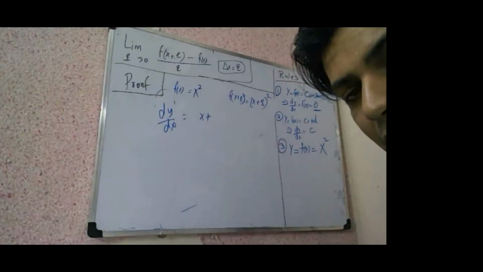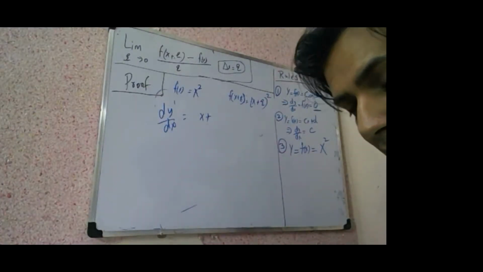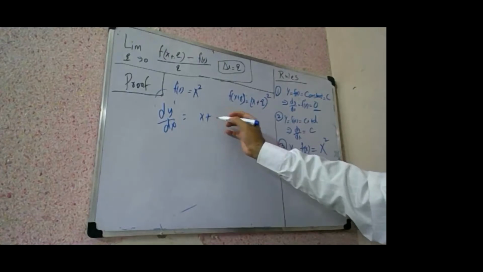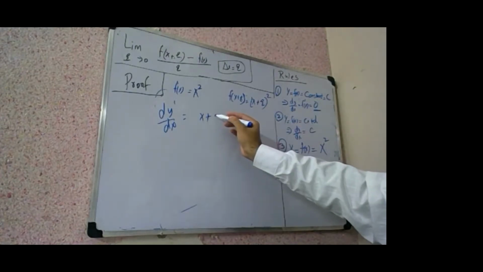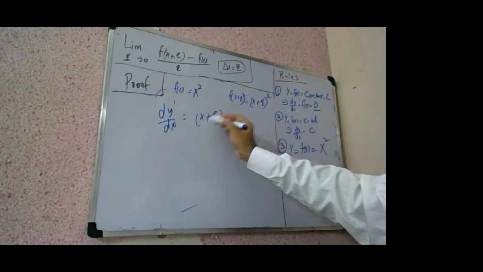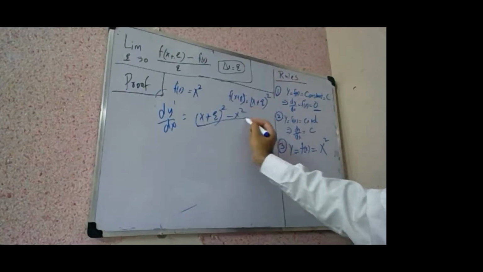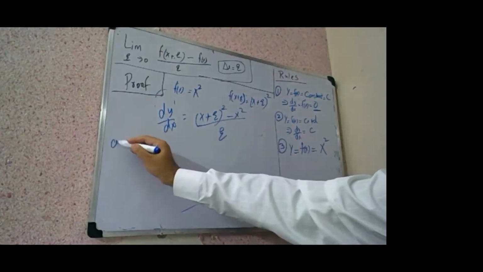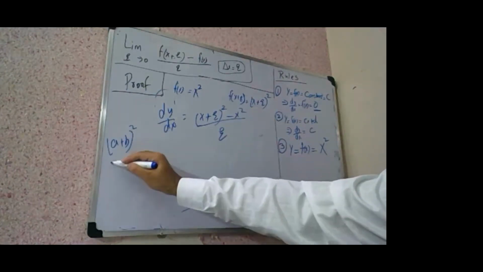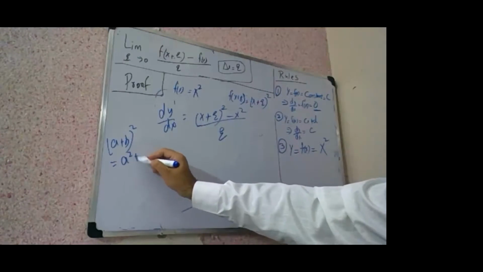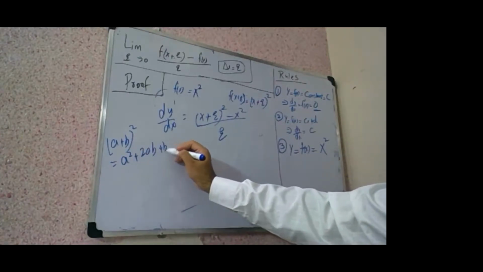Let's make a race. Now you understand the procedure, right? Let's start together and let's see who finishes early. So minus x square upon epsilon. So we know a plus b square, you have learned this in your high school, so I don't need to tell you, is a square plus 2ab plus b square, right?